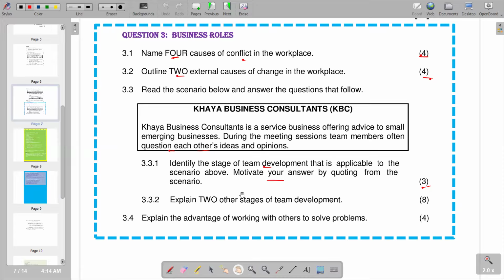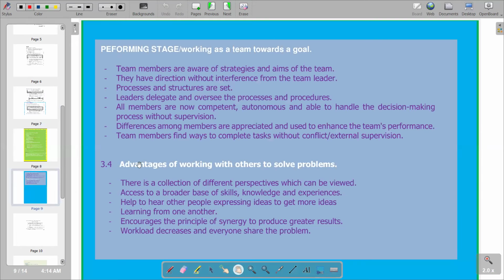So going on to our response section, we have the advantages of working with others to solve problems. One of them is that there is a collection of different perspectives which can be viewed. We have different perspectives coming from different people, since other people are involved in the solution of that problem. So it becomes a positive.